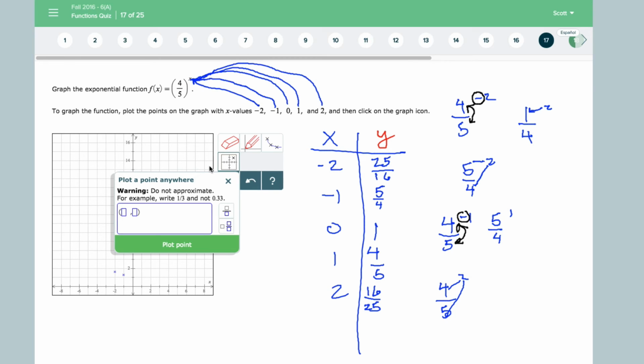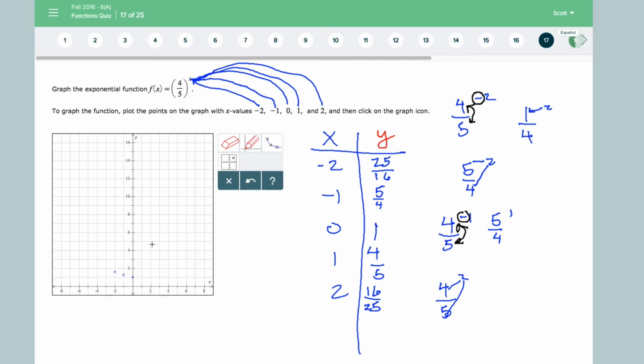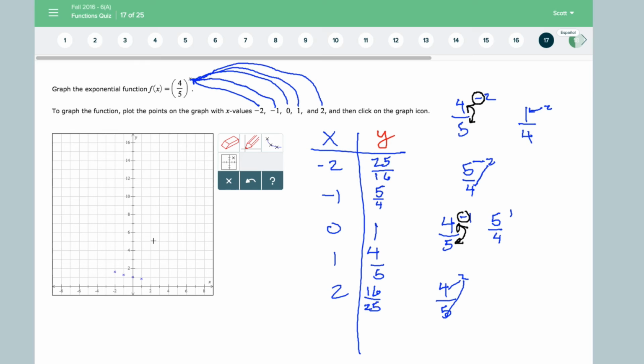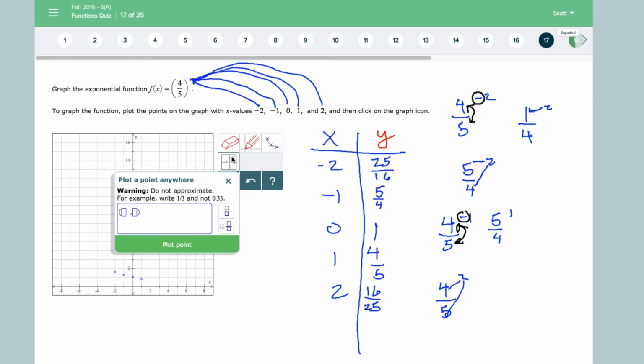Okay, once again, we have, oh, I could have just drawn that with a pencil. 0, 1. And again, we have 1, comma, 4 over 5. And then the last one, we have 2 and 16 over 25.